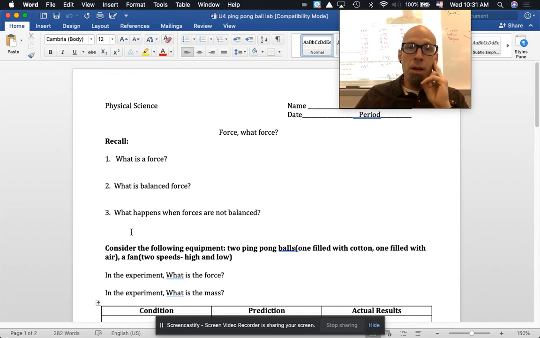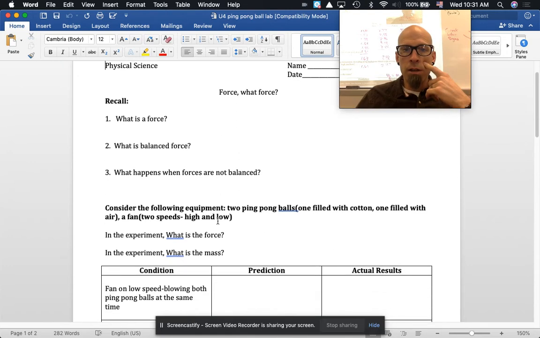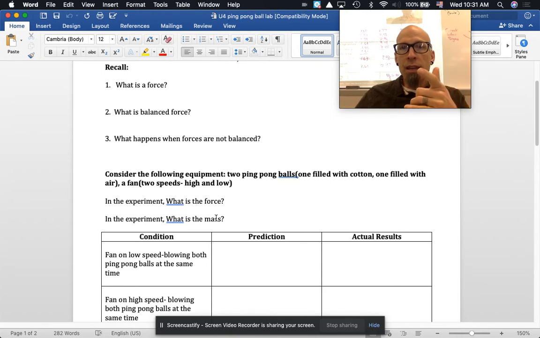And it says, what happens when forces are not balanced? Well, when they're not balanced, then we do have a change in motion, which means there's an acceleration of some kind.